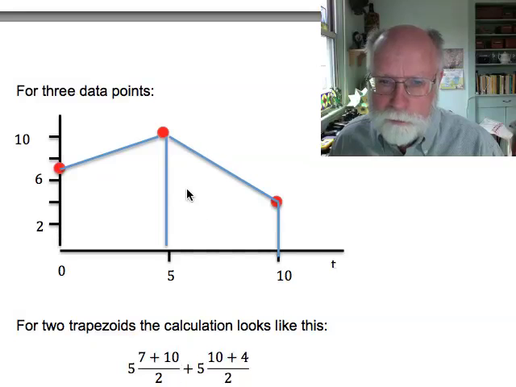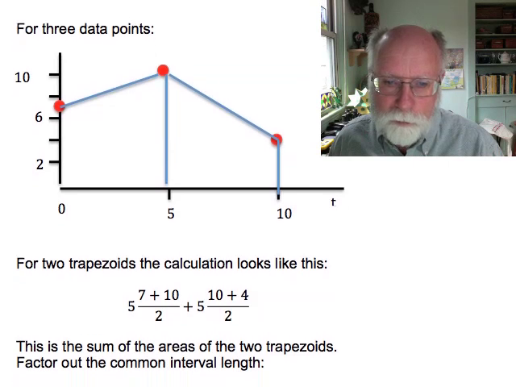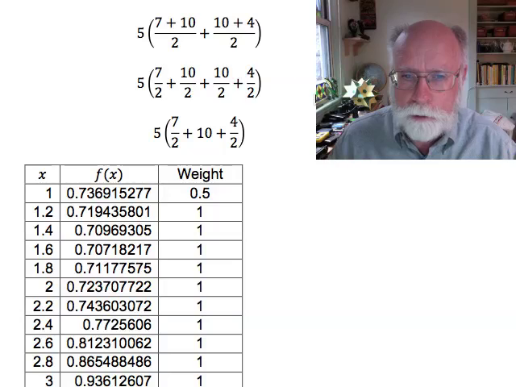And here the area of the second trapezoid is the length of the base, 5, times the average of the two sides, which is 10 and 4. And so the trapezoidal method would say we approximate the area under the straight line curve rather than the function curve itself.